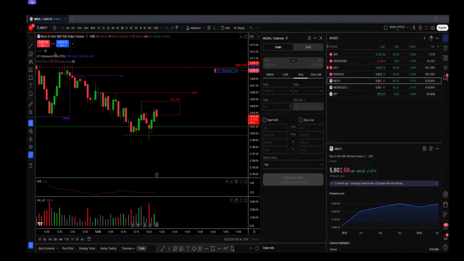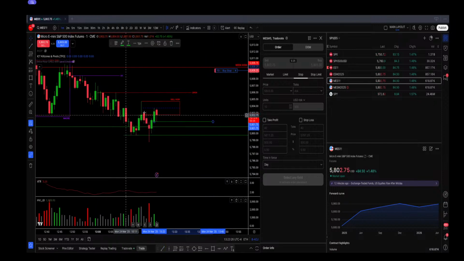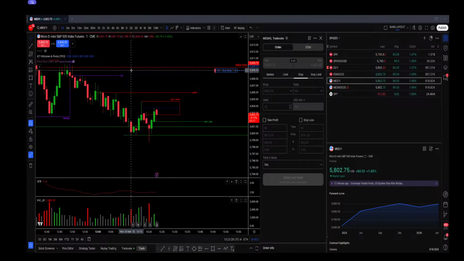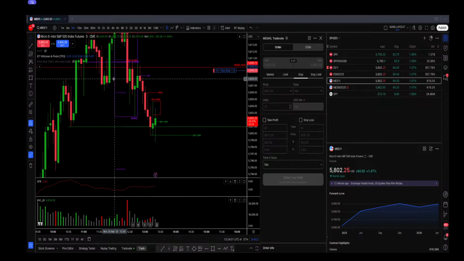This is a buyer's candle right here. Would love to see this held. Alright, I want to see that buy low held.